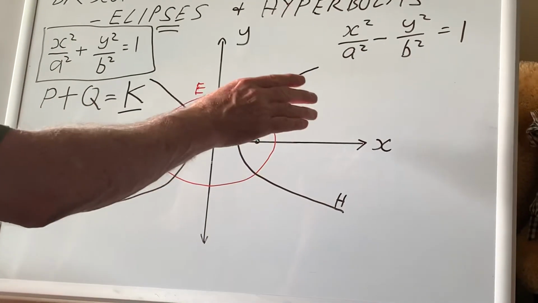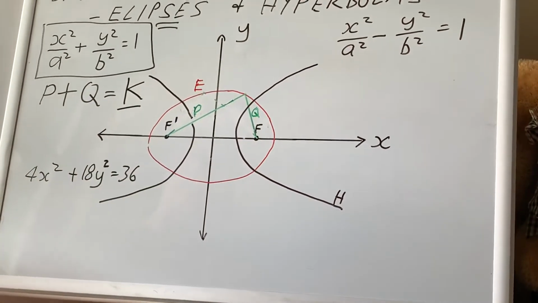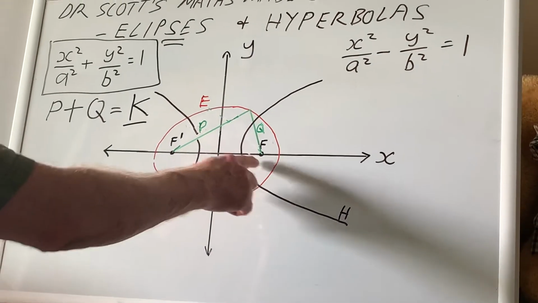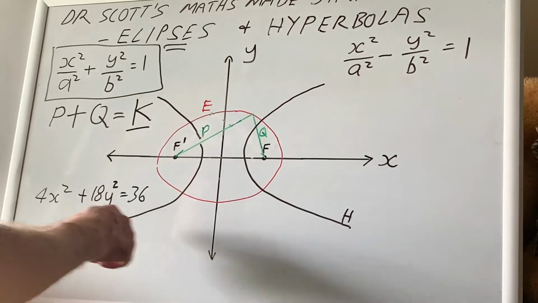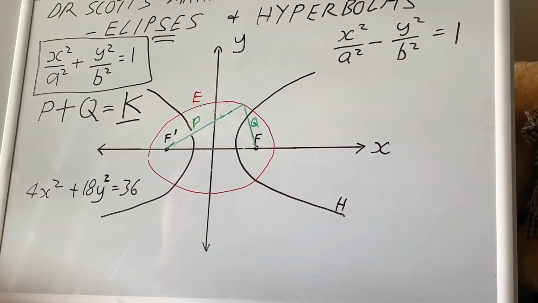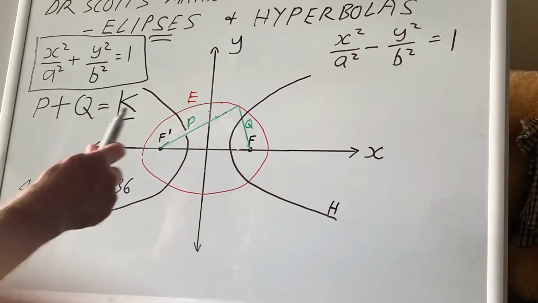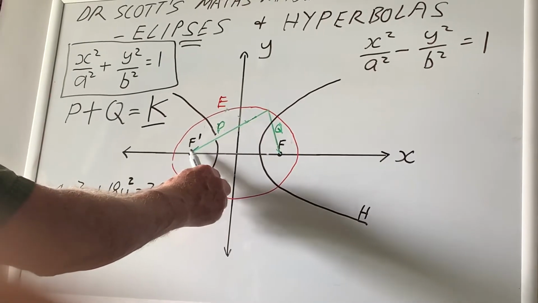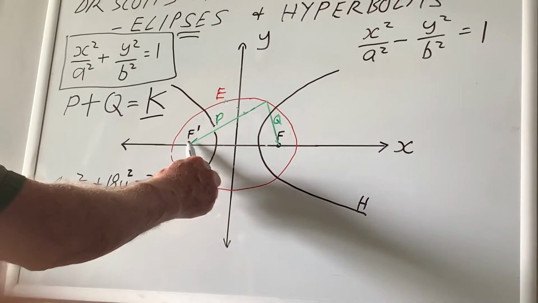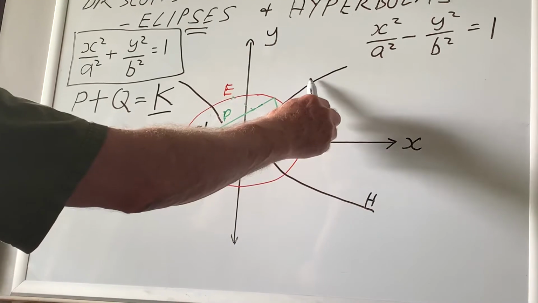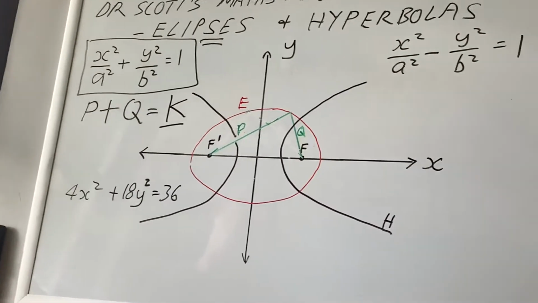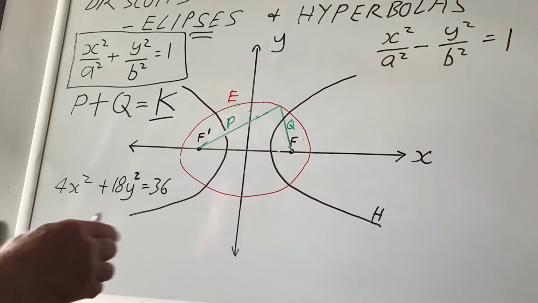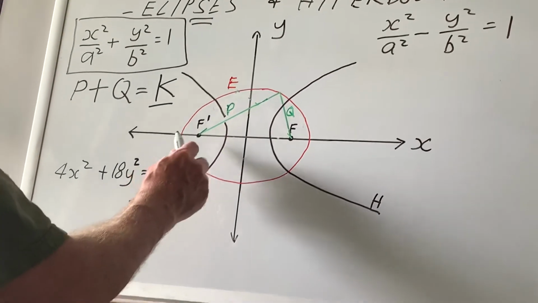Hyperbolas also have two foci. Foci is just the plural of focus. So we have focus 1, focus 2. Just looking at the black lines at the moment, they're the two hyperbolas. Now the difference is that you subtract the two distances: from focus 1 up to that line and down to there. If you subtract them, you'll always get a constant.